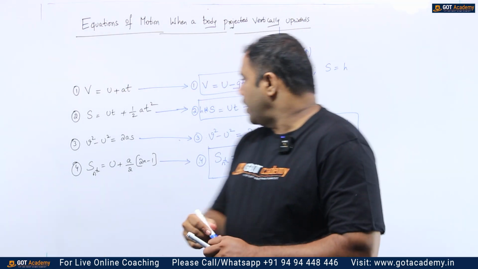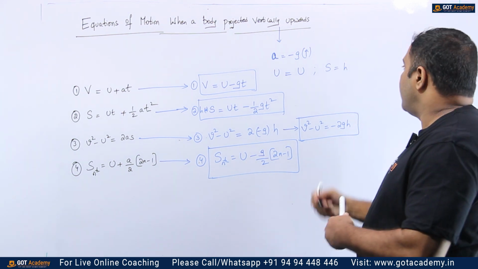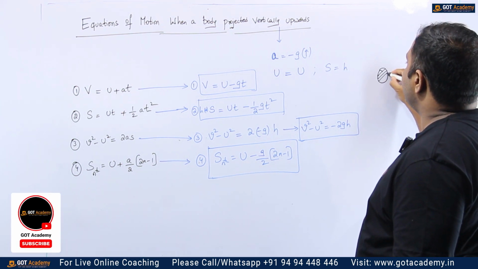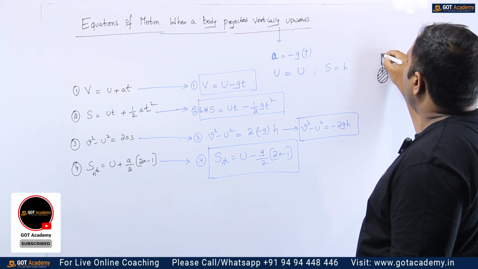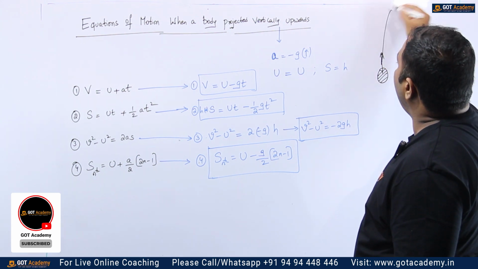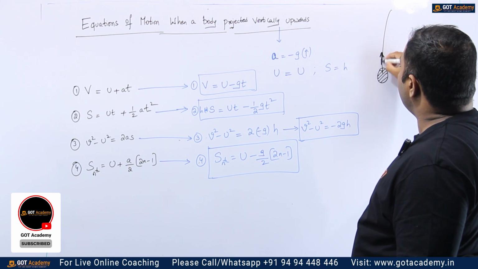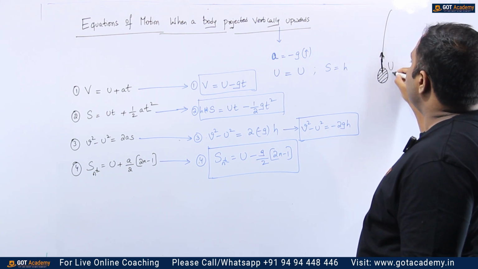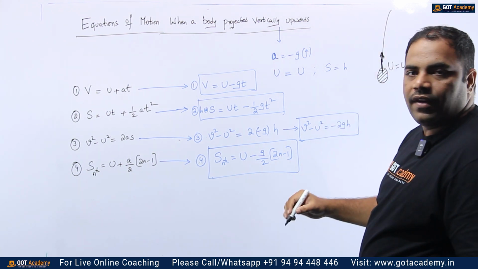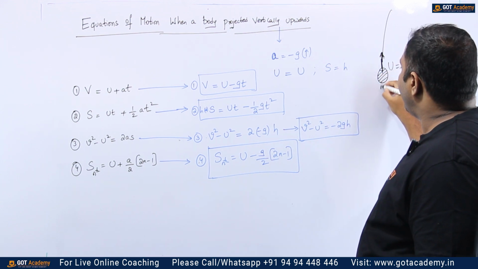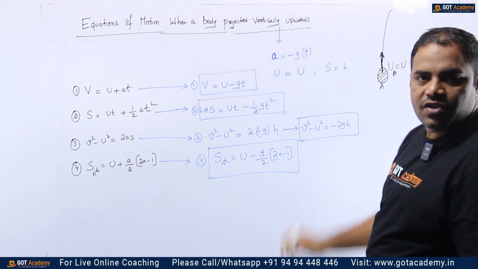So, these are the 4 equations of motion when a body is projected vertically upwards. Let me say this is a body, it has been thrown in upward direction, it goes up like this. When it is thrown in upward direction, its initial velocity is u only. If we assume that this is point A, then velocity at point A is u.